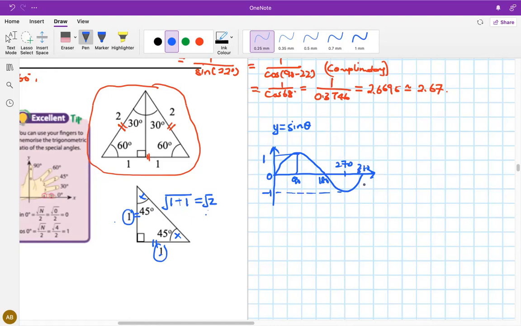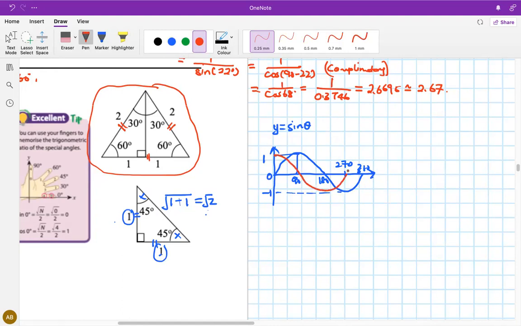So you can see here the value of sine for the special angles. If you want to know cosine, it will be one step advanced.